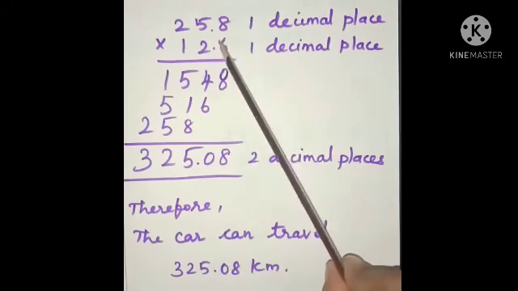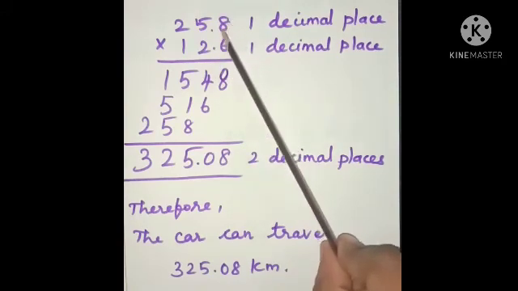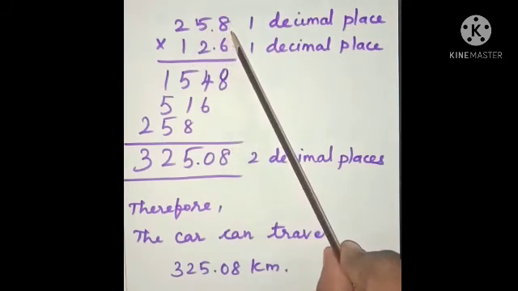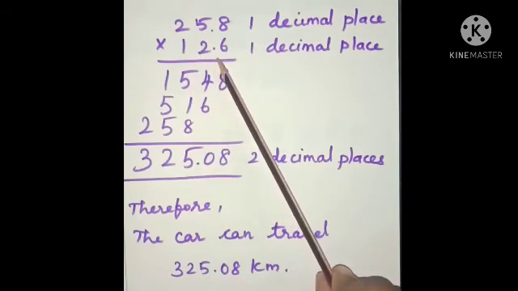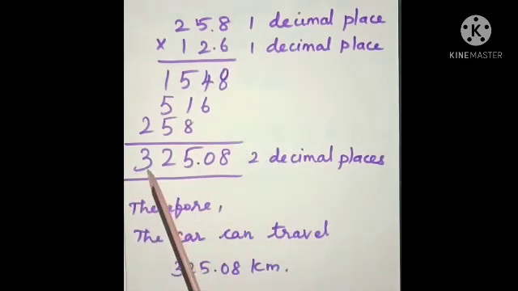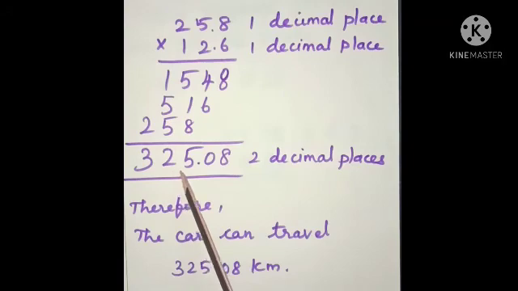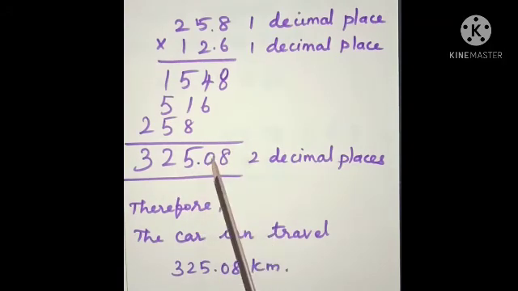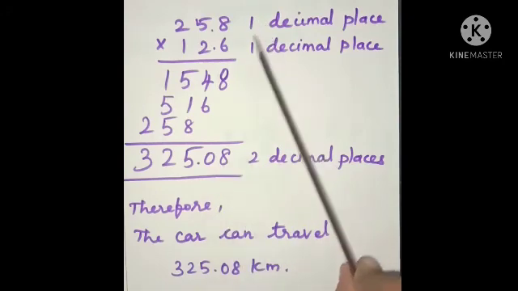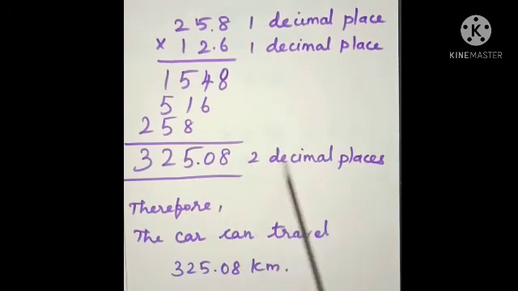So, now, leaving the decimal point, multiply 258 with 126. We get 32,508. Now you have to put the decimal point. Here 1 plus 1, 2. So 2 decimal places.